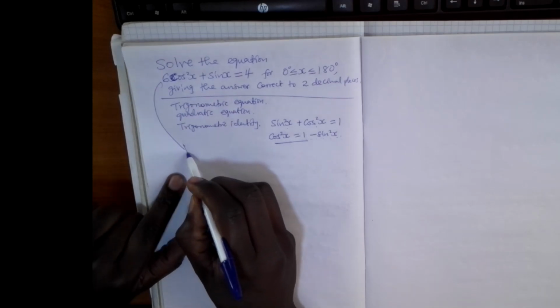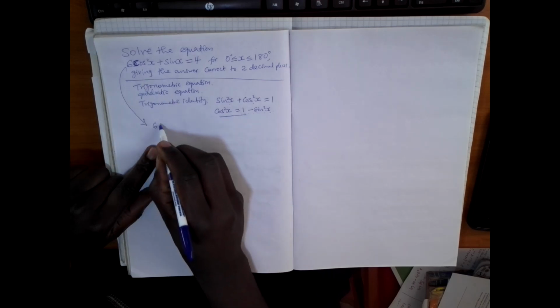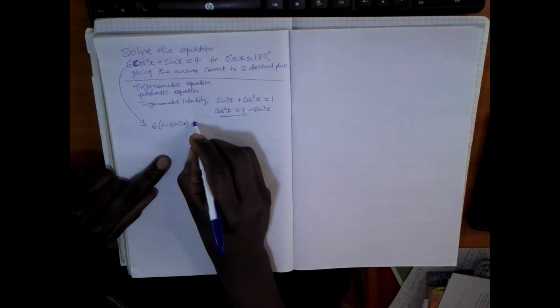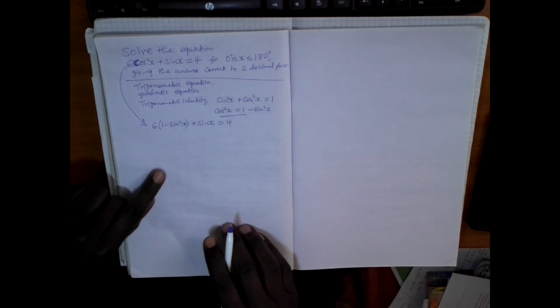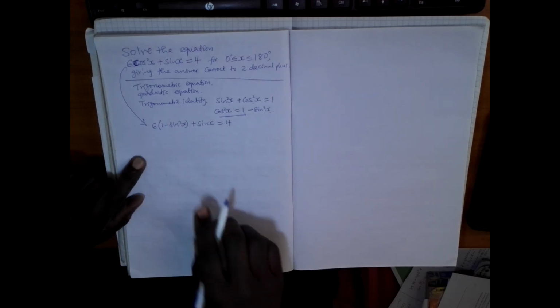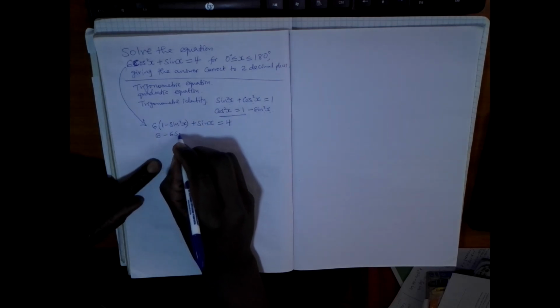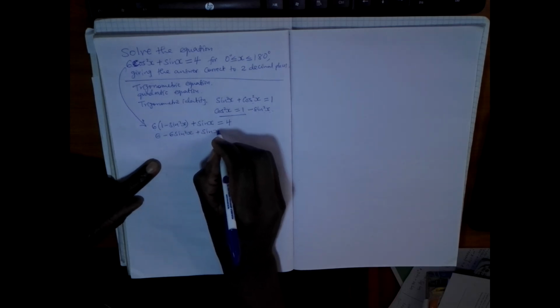So now this will be 6 times (1 minus sine x squared) plus sine x is equal to 4. Open the bracket: 6 times 1 is 6, minus 6 sine x squared, plus sine x is equal to 4.